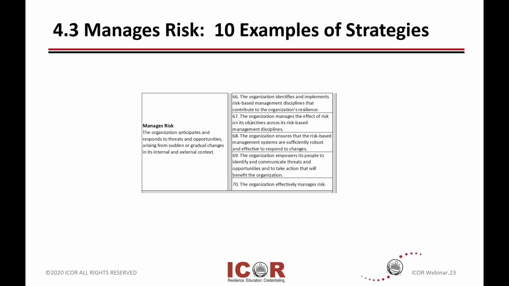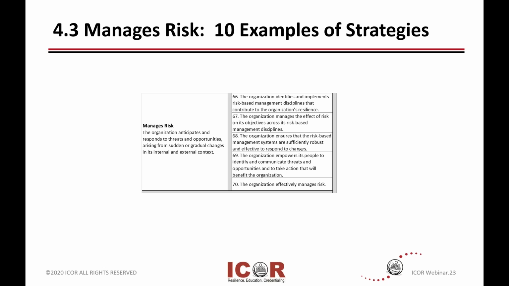It manages the effect of risk on its objectives across its risk-based management disciplines. We're really looking at this as a system, and that you ensure that the risk-based management systems are sufficiently robust and effective to respond to changes, that your organization empowers people to identify and communicate threats and opportunities and to take action that will benefit the organization, and that in sum, the organization effectively manages risk.